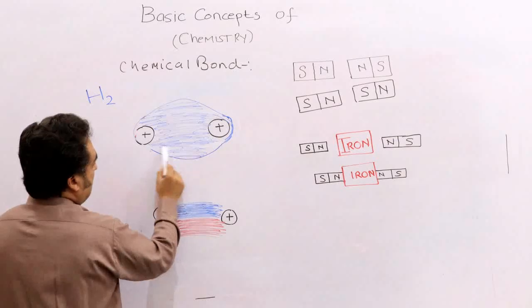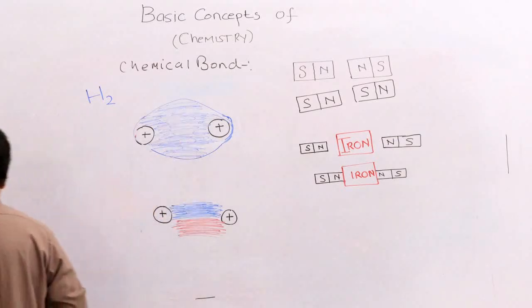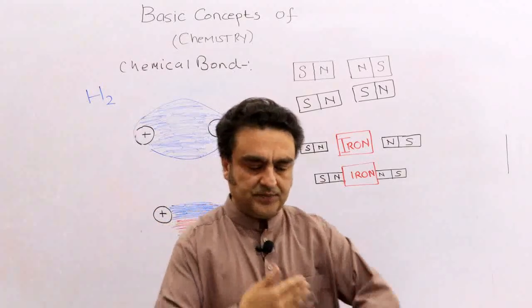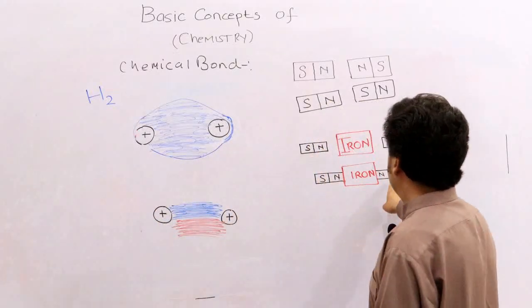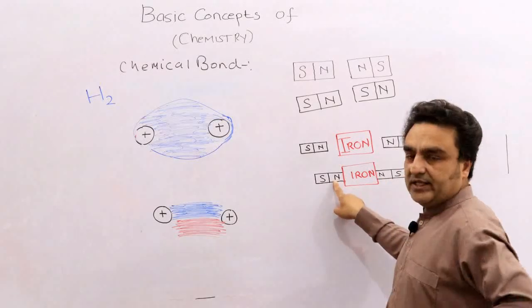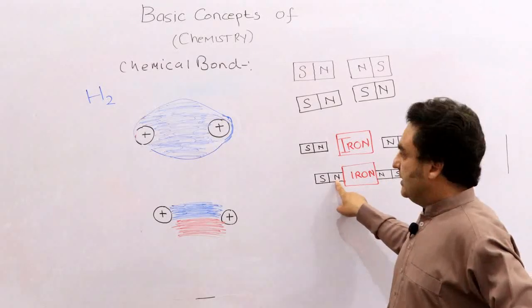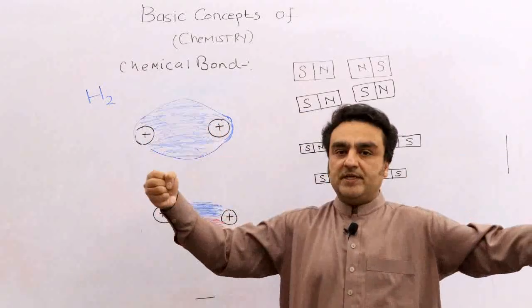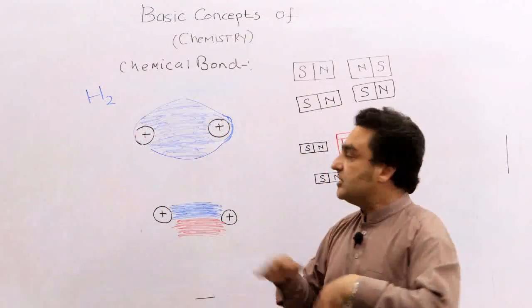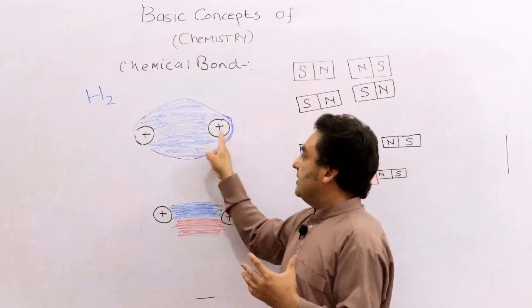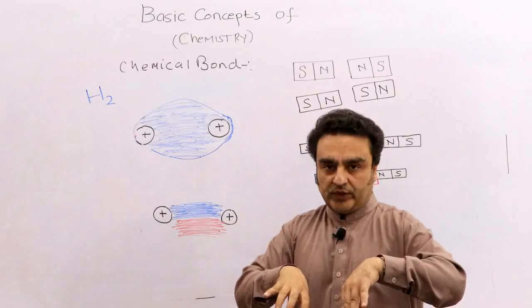Now, I am again just repeating the statement. Just like north poles, they don't like other north poles, just like these protons don't want those protons because they repel each other. But now inside those atoms, something which is liked by both the protons comes.